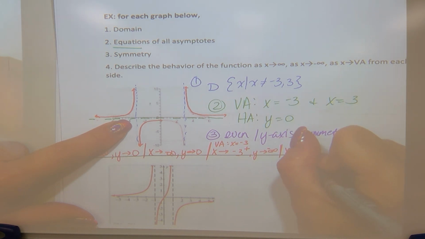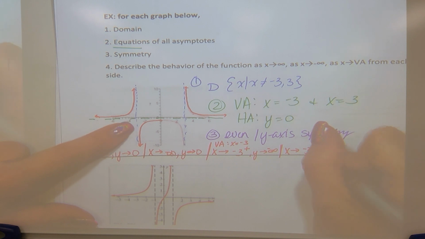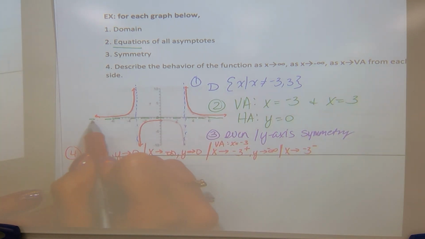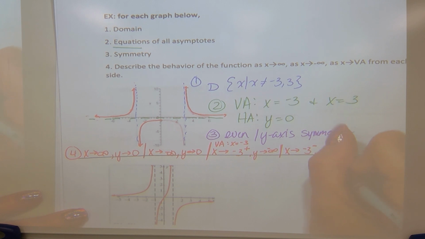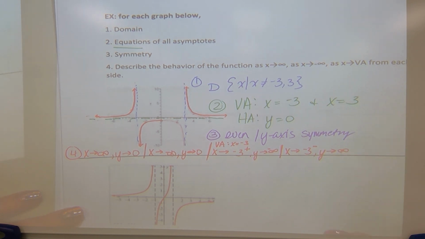However, as x approaches that asymptote at -3 from a negative direction, as I come in toward this asymptote from a negative direction, y is going up. Here, y is approaching positive infinity.